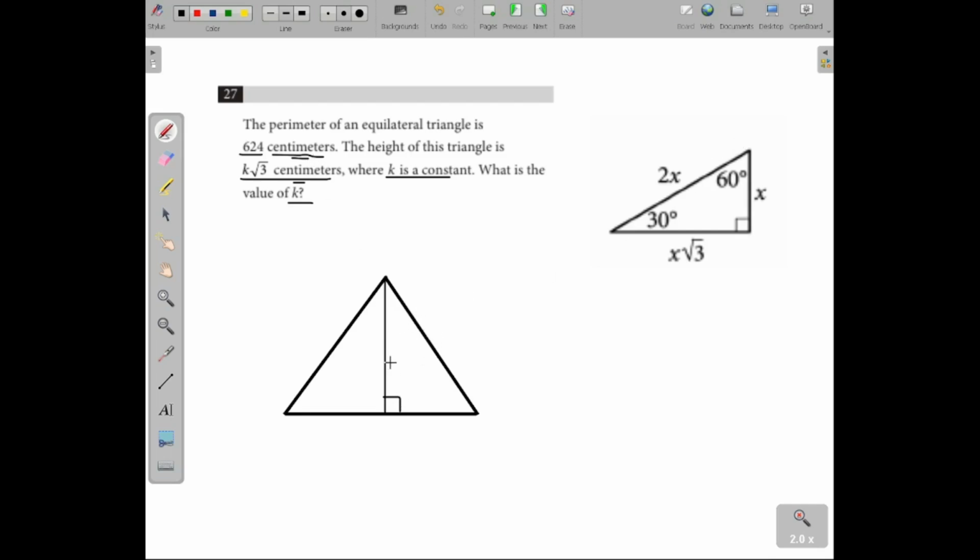This is the height, that is k square root of 3. This angle has to be 60 degrees. This one is 30. So that means that this side is 2 times k. If we see this triangle, this side is the same 2k because it's an equilateral triangle, so the three sides are equal.